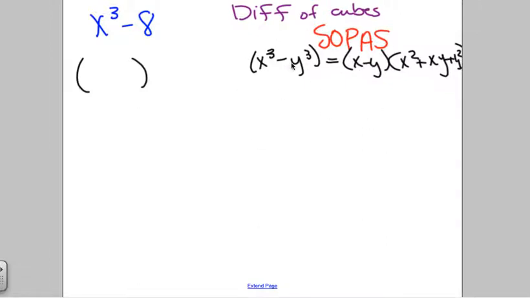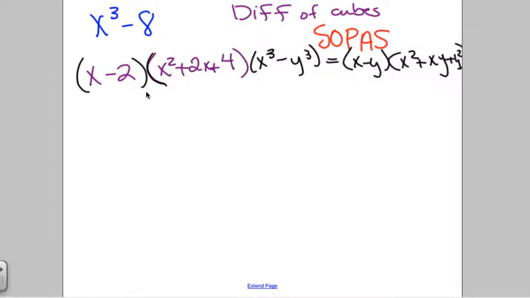Now, how we get that is using SOPUS. X minus y is the cube root of each of these, so that's going to be x minus 2. And SOPUS gives me the trinomial. So to get the trinomial part here, I'm going to have square the first, so square this x, opposite sign, so the opposite of a negative is a positive, product means to multiply these two together, always a plus, and then s is square the last.